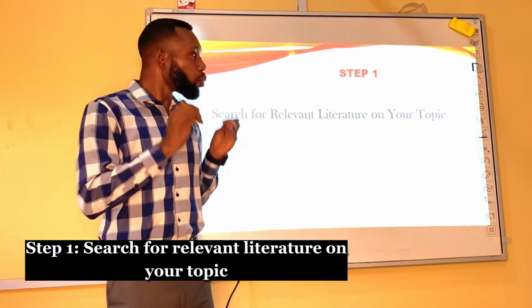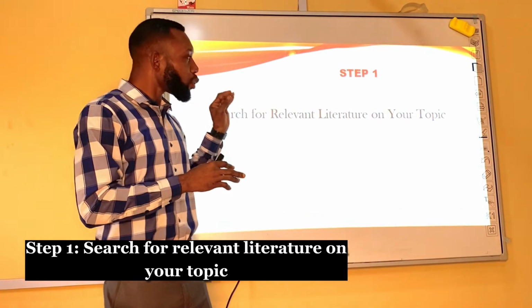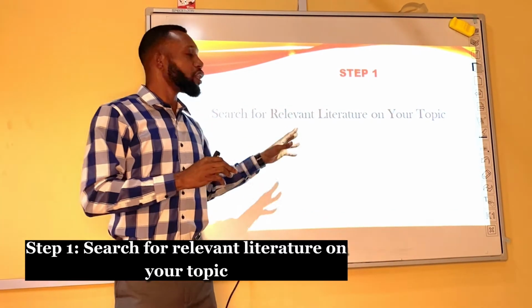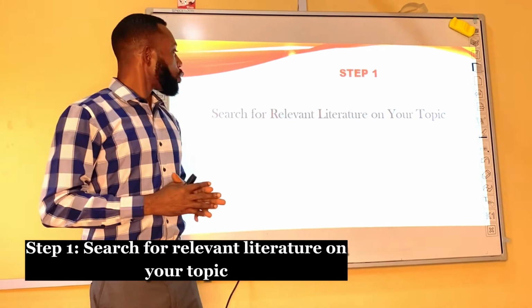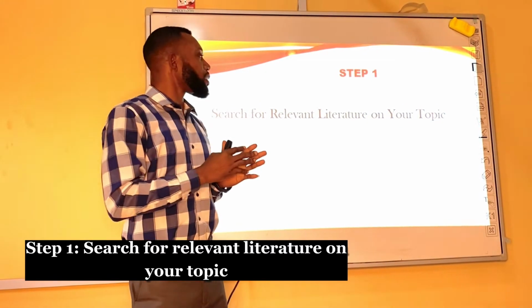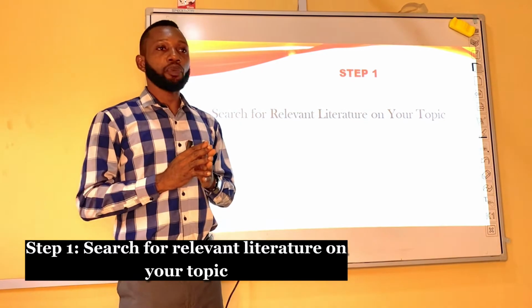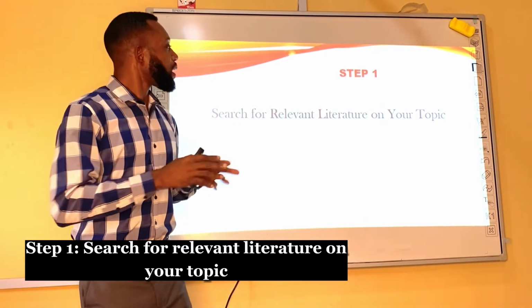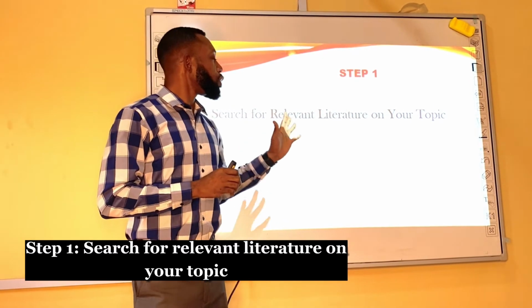Literature that are somewhat related to that particular study you are trying to investigate. So you need to search for literature that has direct bearing to the subject matter. Literature that are somewhat relevant to the topic.